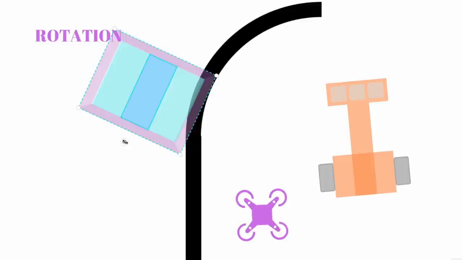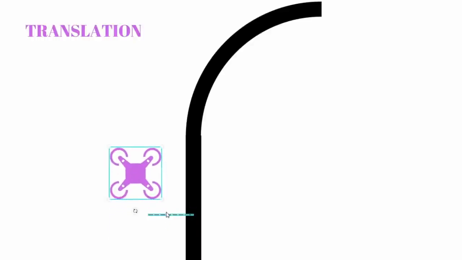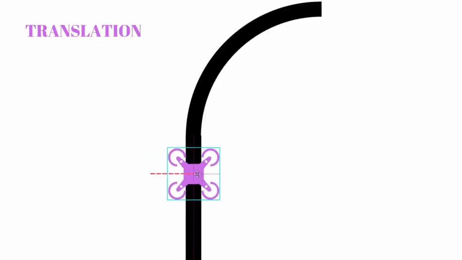So we also have the problem of translation. This is the idea of translation: when the drone is moving, at any given point, we will try to find the center of our black line and where the drone is. If the line detected is right in the center, we will keep going forward.